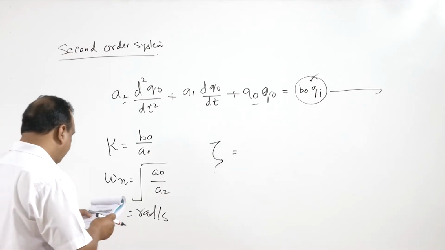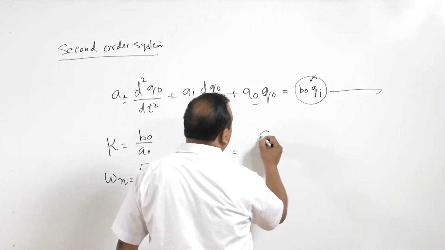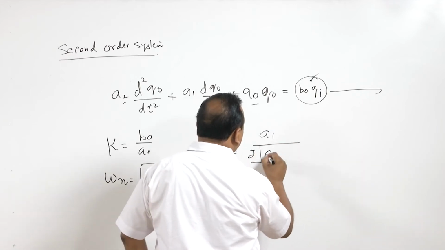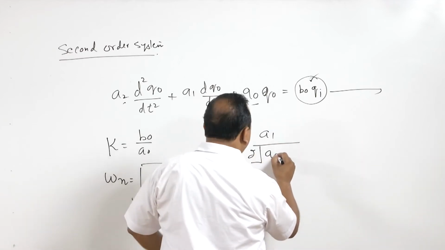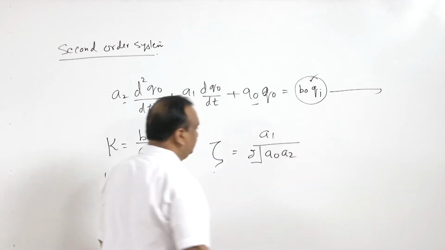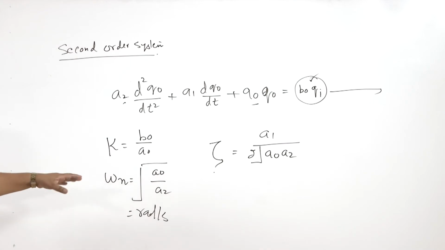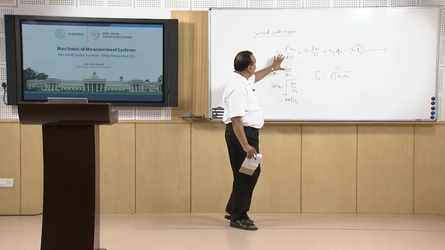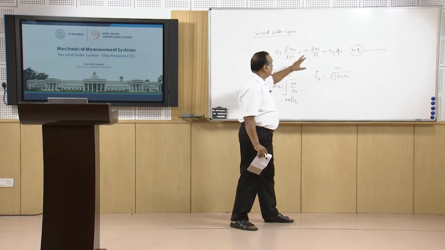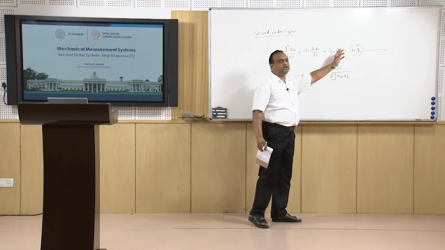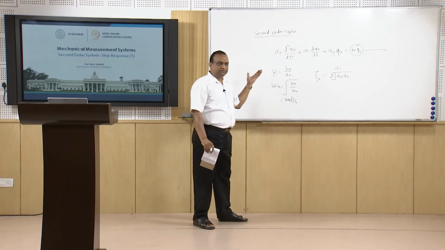So the damping ratio is defined as A1 divided by 2 under root AO A2. Now why I am doing this, I will explain later, because for any instrument the values of A2, A1, AO and BO are not known to us.